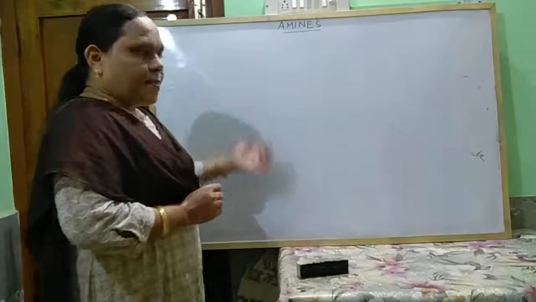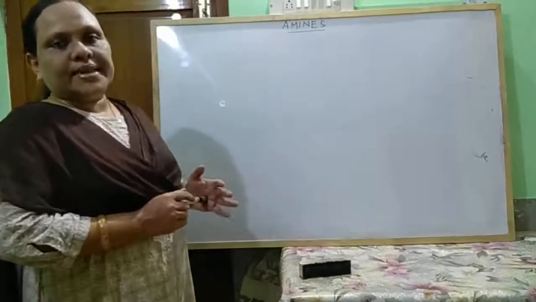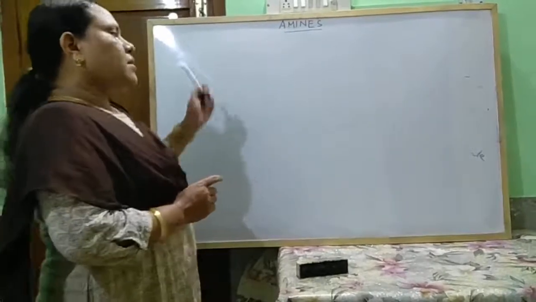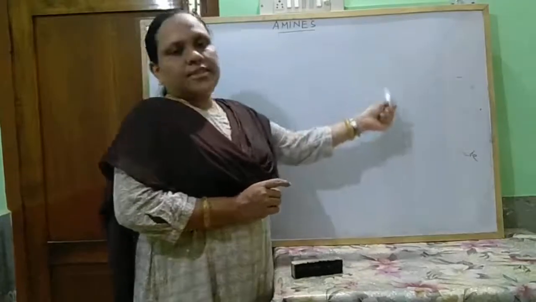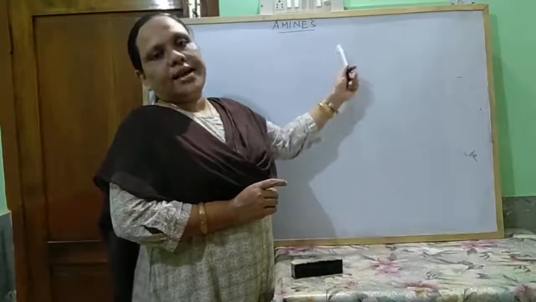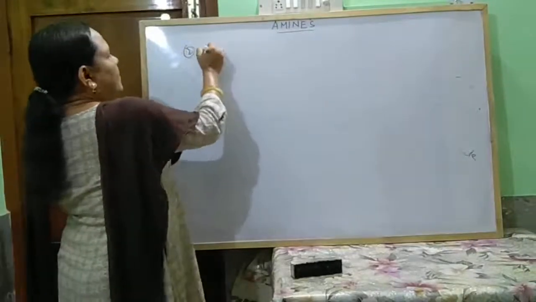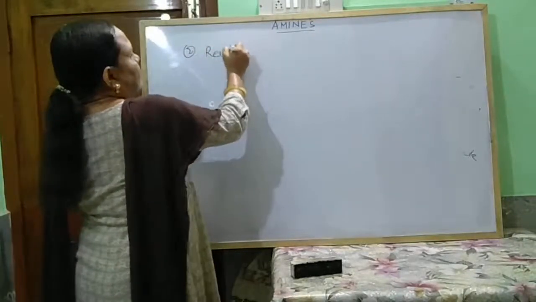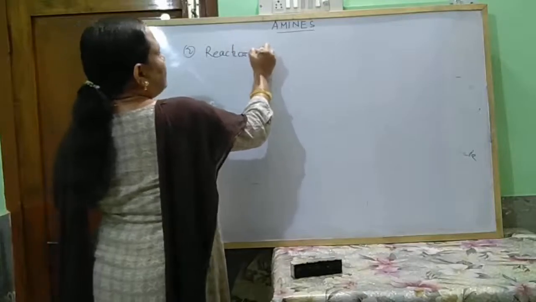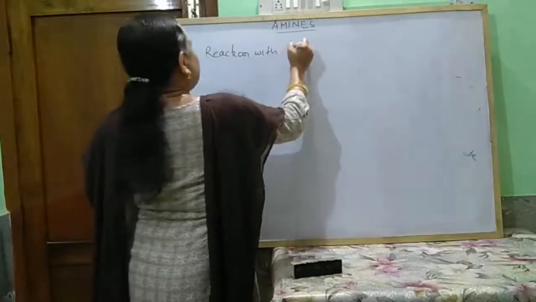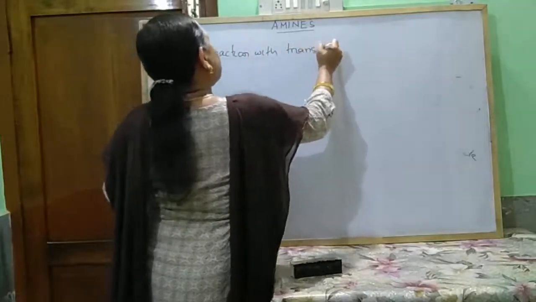Similarly, amines also form complexes with transition metal ions like silver ion and copper ion. Reaction with transition metals.